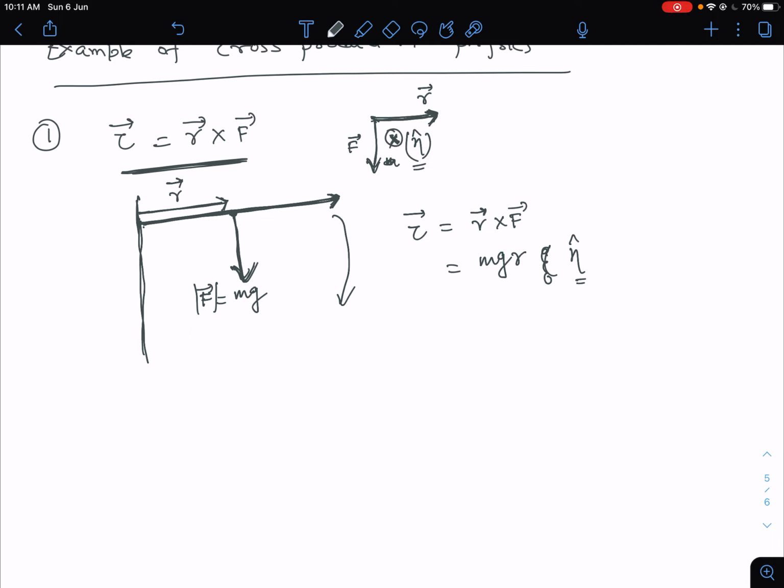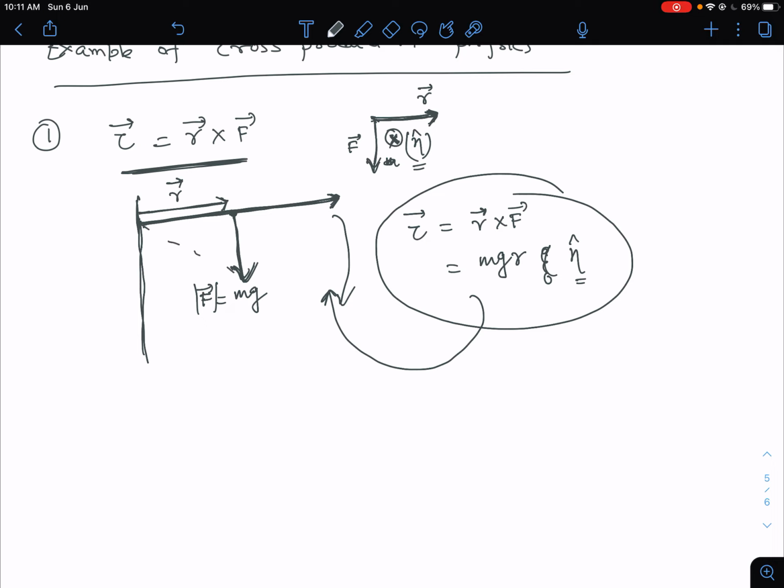So the torque acting on this stick causes rotation. After a certain time it will move here, then here, and ultimately it will stabilize when it is in the vertical direction. Why will it stabilize when the stick comes in the vertical direction?